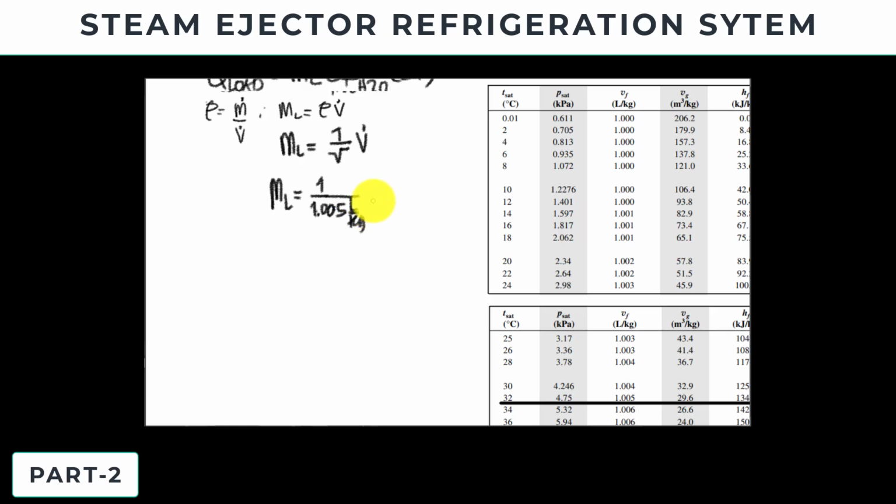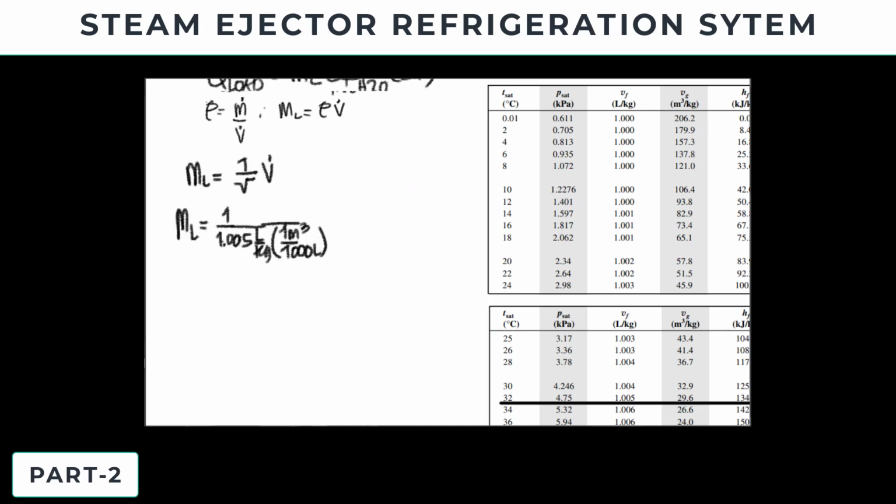And we need to convert this to cubic meter. So 1 cubic meter is 1000 liters. Then let's multiply this by the volume flow rate, where the volume flow rate is 100 gallons per minute.